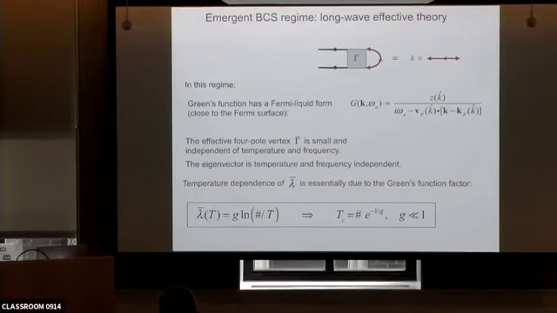And here is the typical BCS ansatz for the critical temperature, some prefactor, and some dimensionless small constant in the denominator. So be it a macroscopically weakly interacting theory or emergently weakly interacting theory, we have a small dimensionless coupling constant G, and the temperature gets exponentially small in terms of this effective coupling parameter.